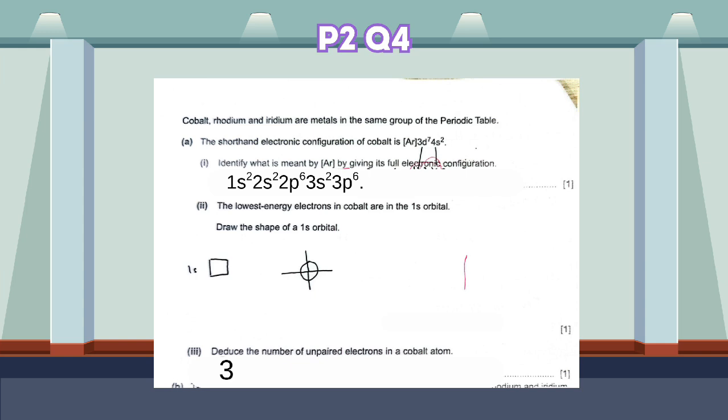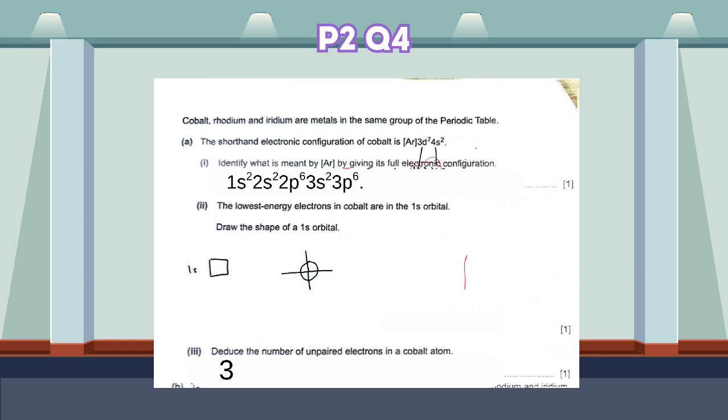For the next question, the shorthand electronic configuration of cobalt is Ar 3d7 4s2. Identify what is meant by Ar by giving its full electronic configuration. The full electronic configuration of Ar is 1s2, 2s2, 2p6, 3s2, and 3p6.